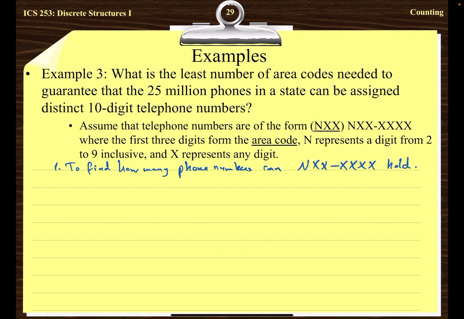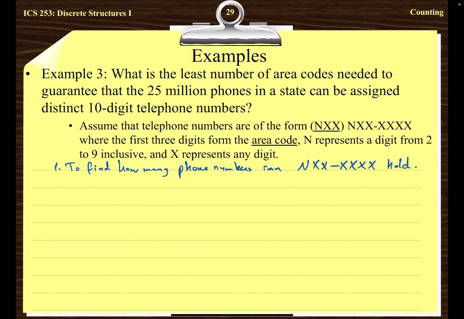So now who's going to tell me how many phone numbers NXX XXXX can hold? 8 multiplied by 10 to the power 6.